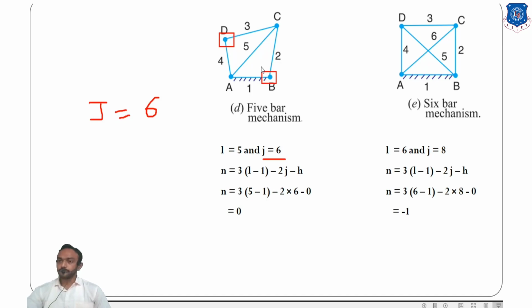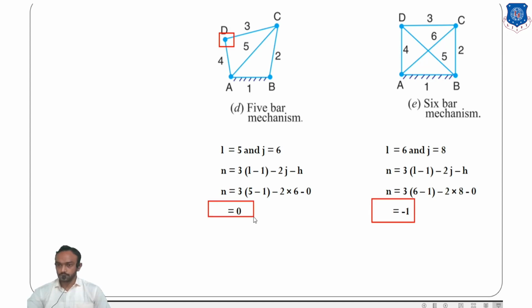But at this point, 3 links are connected at the same place, a ternary joint. 1 ternary joint is equal to 2 binary joints. So this 2 will be counted as 2, 4 plus 1 plus 1 is 6. So with 5 links and 6 joints, we put it in this formula and it is equal to 0, because there is no possibility of motion. Same here, and you can find the answers minus 1 and 0.